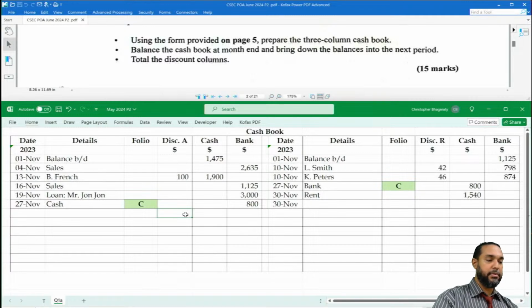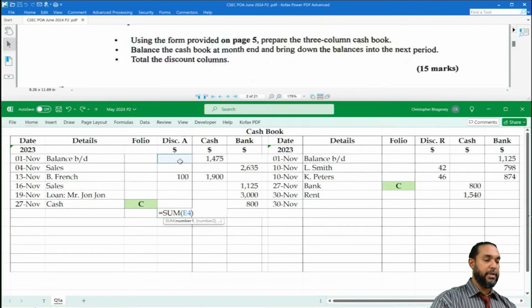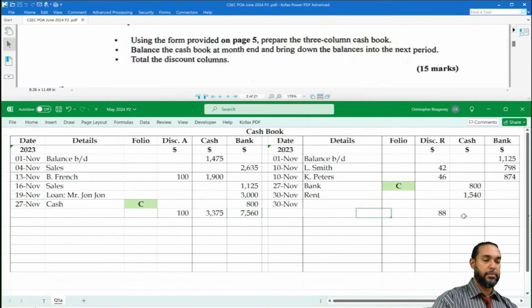For the discount columns, we're just going to add up, right? All right. Same thing with this one too. Right, so check this, right?